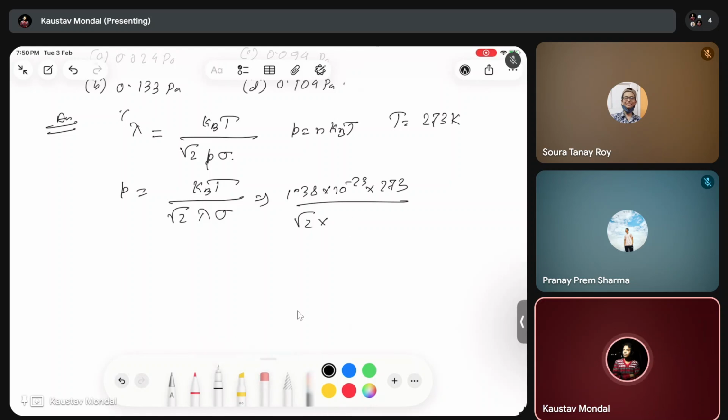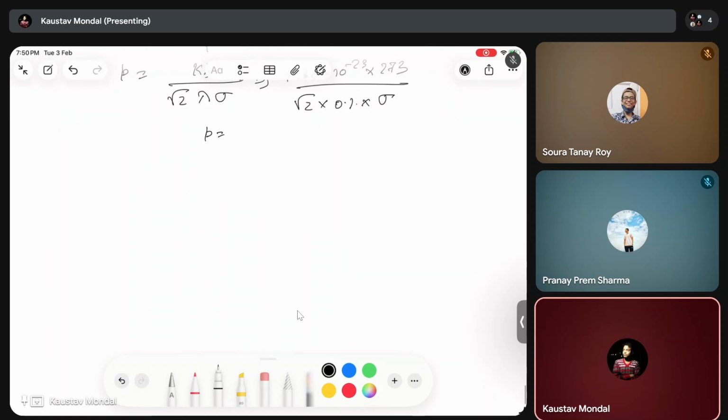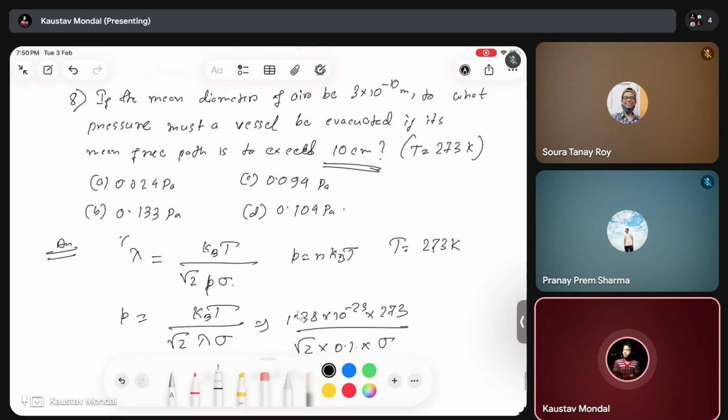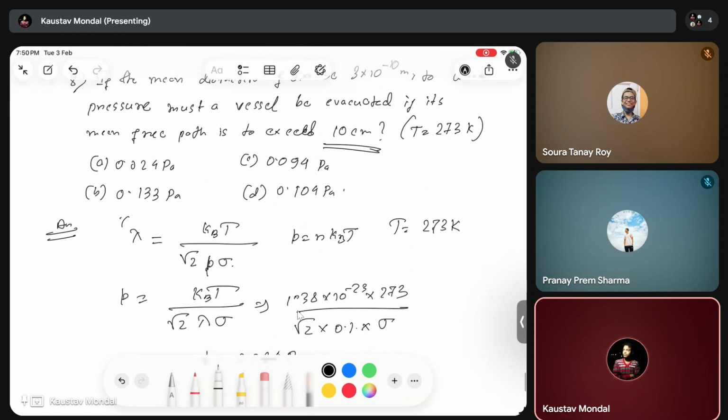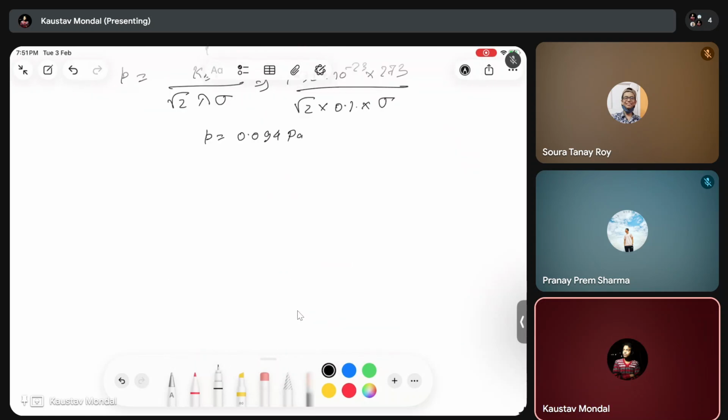So 0.1 meter into the collision cross section. If you calculate this, the pressure would be 0.094 Pascal. So as you can see, very little pressure is needed to achieve such a high mean free path.